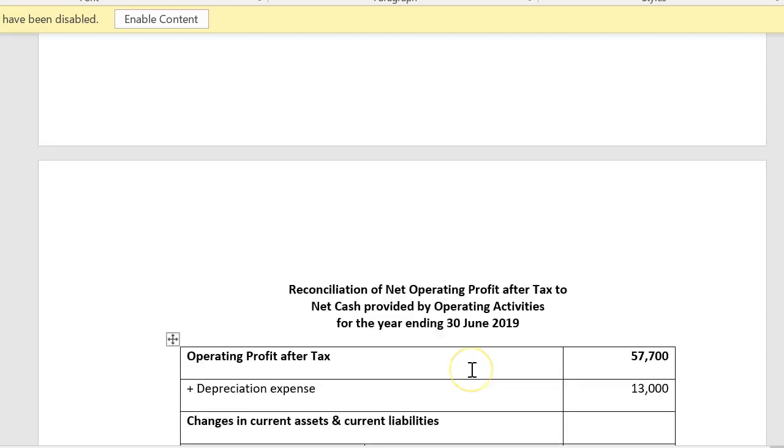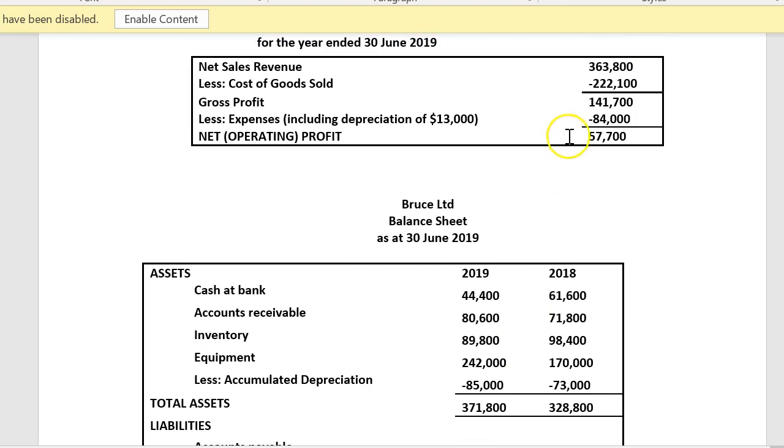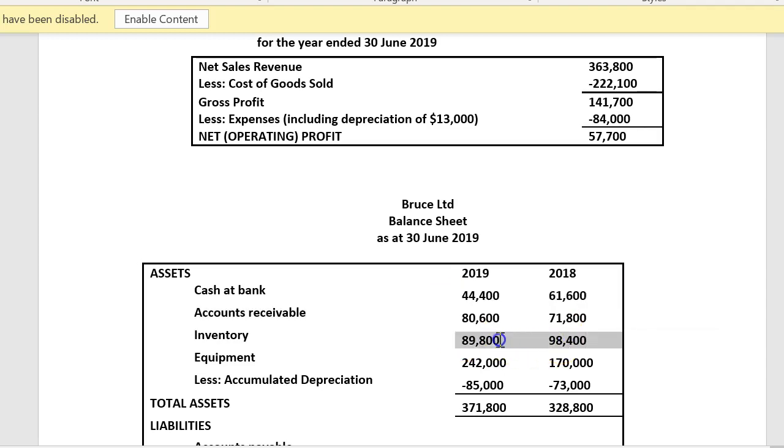Okay, all right. Now guys, what we do is we add all credits and we minus all debits. For example, if accounts receivable increase, that's an increase in current asset. It's a debit, so you need to minus that. If inventory decreases, for example, a decrease in current asset is a credit, you add that.